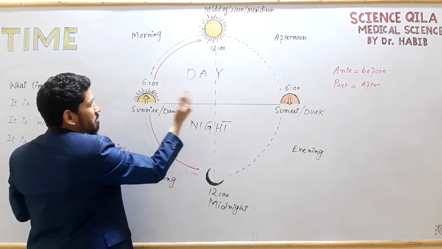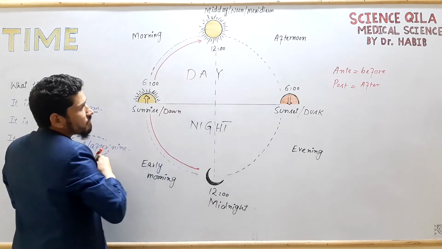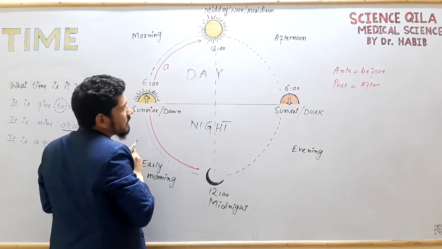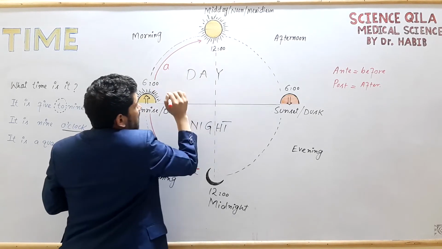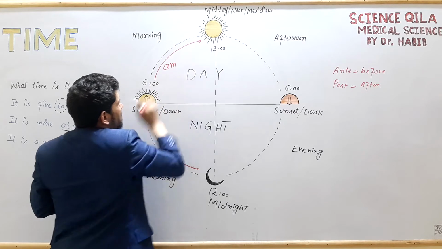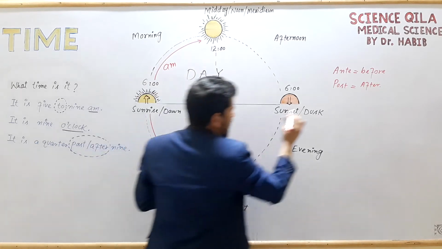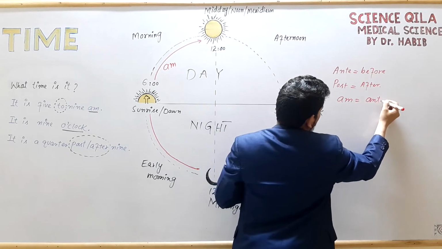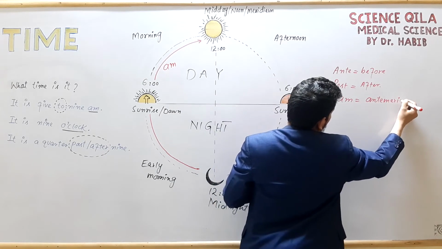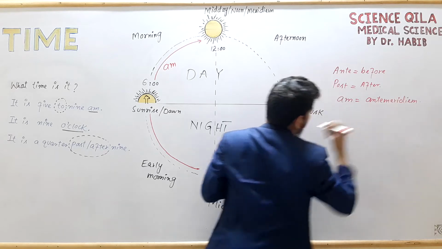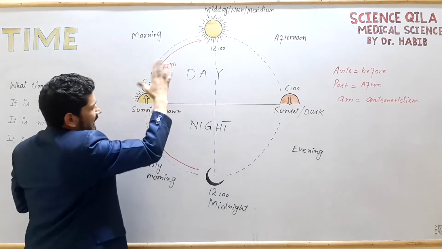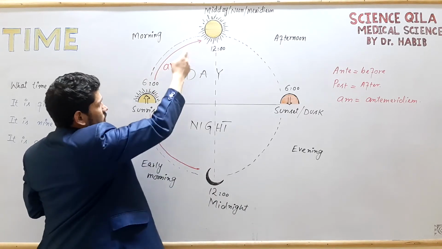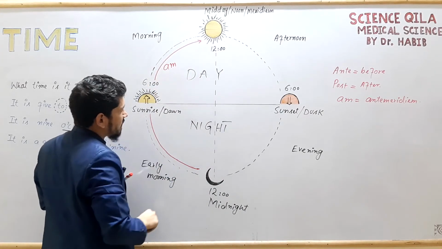So this is the time before midday. Before we name as A, so A stands for ante. And midday we name as meridium, so M stands for meridium. So this AM stands for ante-meridium. What do we call it, please? Ante-meridium. So this is the time before midday, or the time from midnight to midday. This time we call AM.